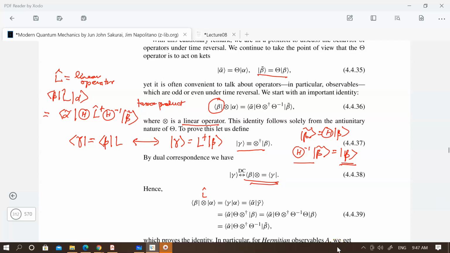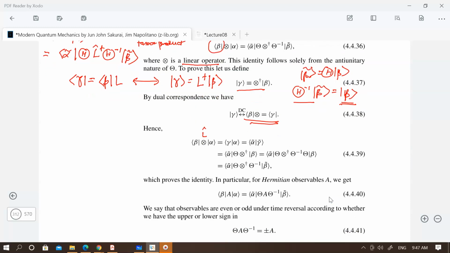So now let's put all this in. In this particular case, what's happening here is to rewrite your gamma tilde.